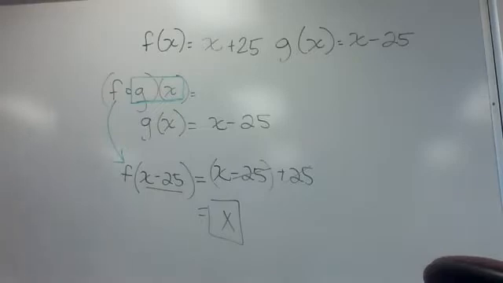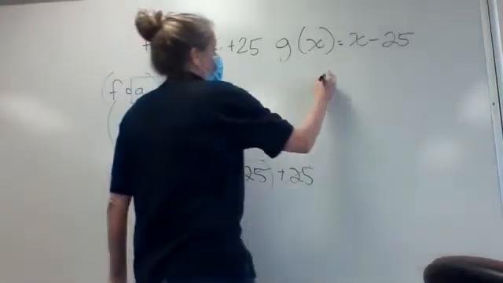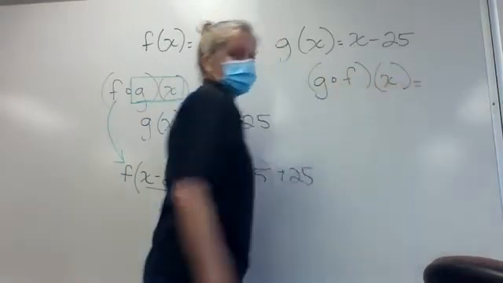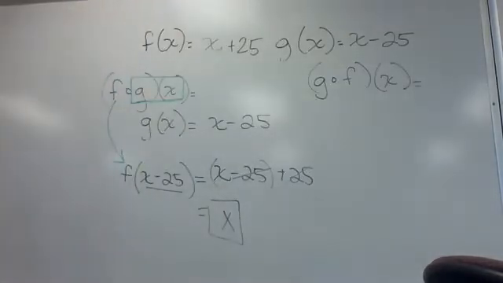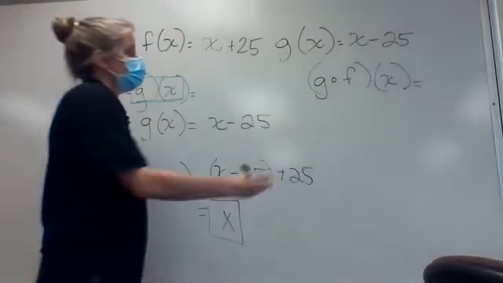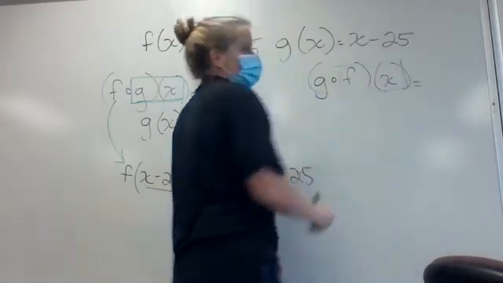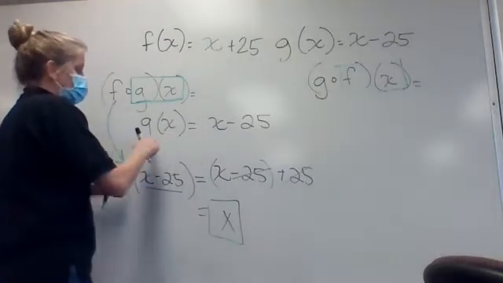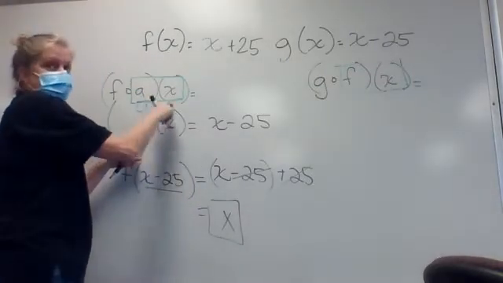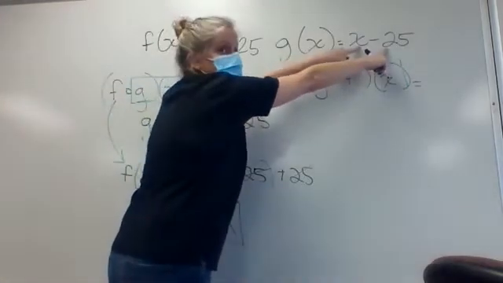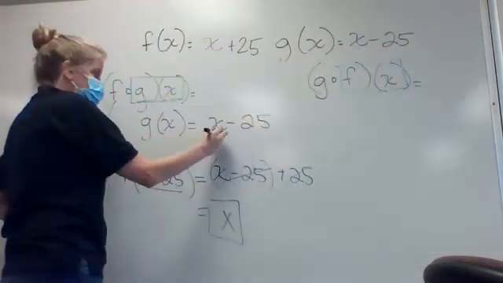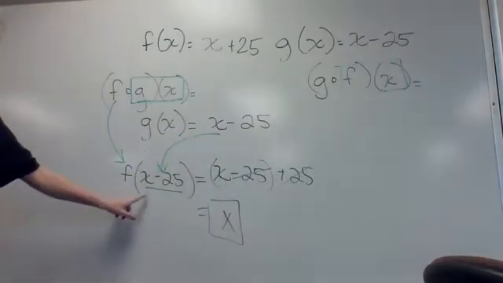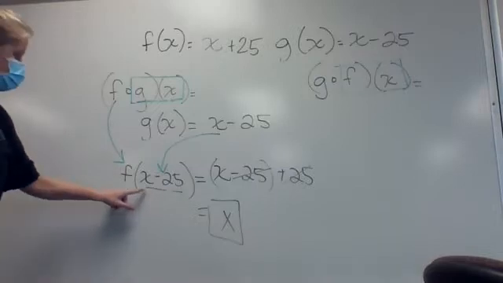Then it wants us to find it the other way around. Instead of f of g, it wants us to find g of f of x. So this time I find f of x first. Can you do the first one one more time? Yes. The first thing I found was g of x, x minus 25, and that last answer comes in the parentheses.